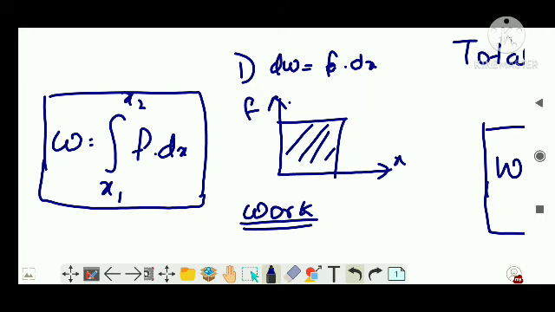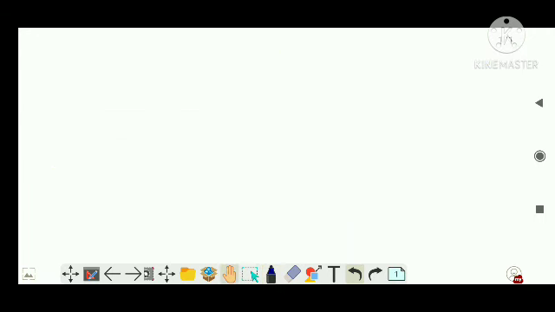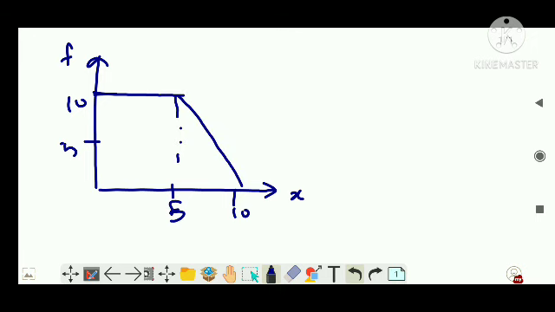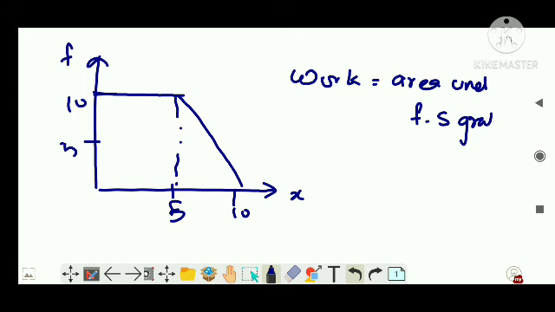Right. So we will do small problems to make this section very comfortable. Let's say there is a force axis here and a displacement axis here. Here there is 5, this is 10, this is 10, this is 5. And you are asked what is the work done here. This is a very simple question. I told you work done can be got from the area under the force displacement graph. So what is your area?